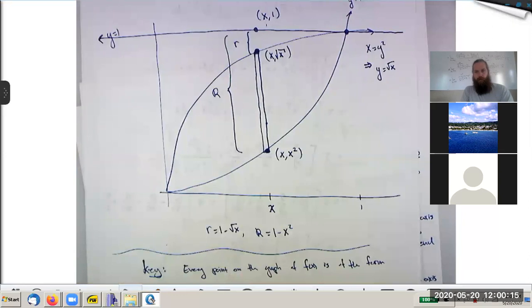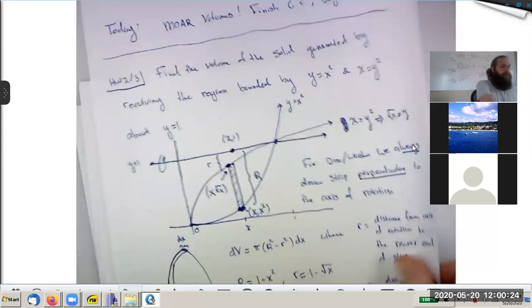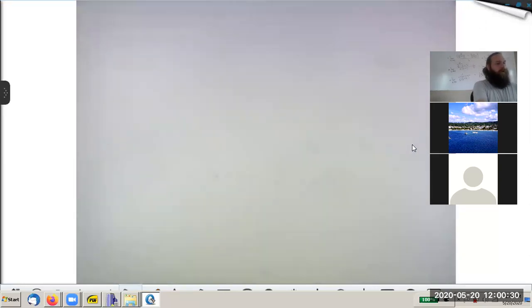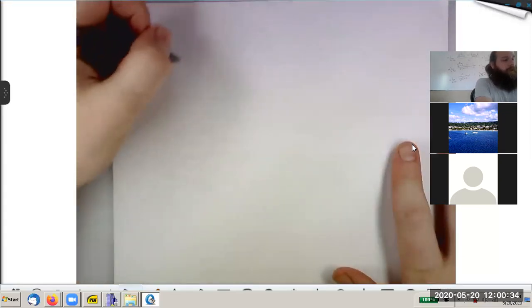What about for the dV formula? How did you get pi times R squared minus r squared? Well, that's the volume of a washer, right? The area of a circle is pi r squared.